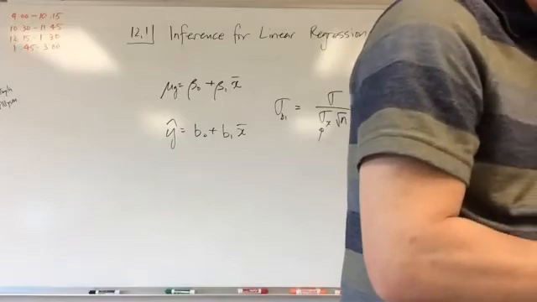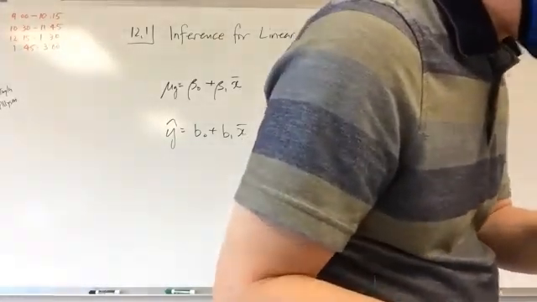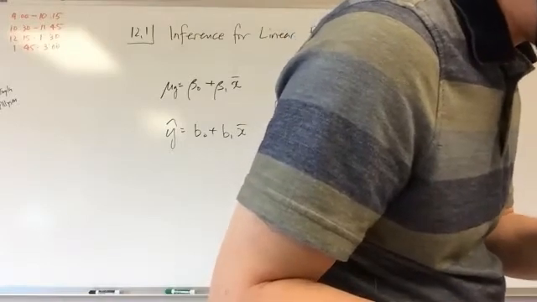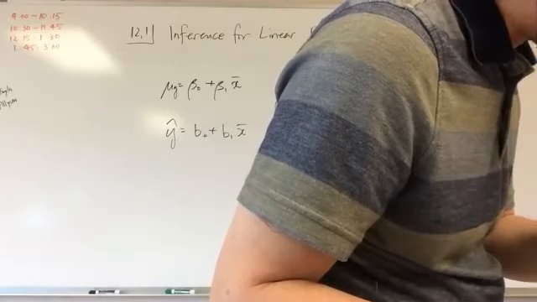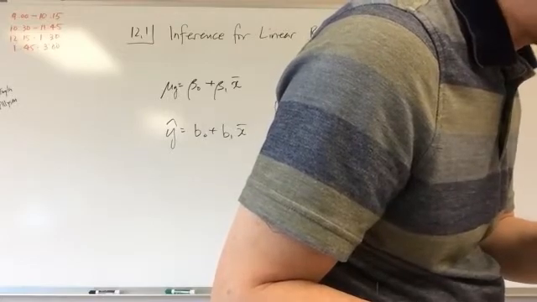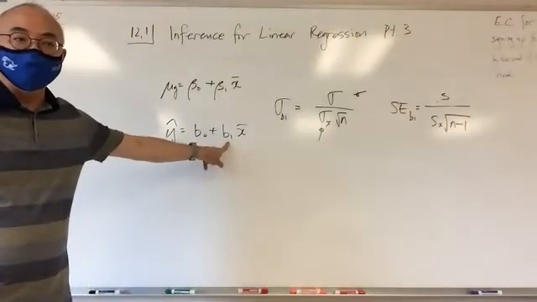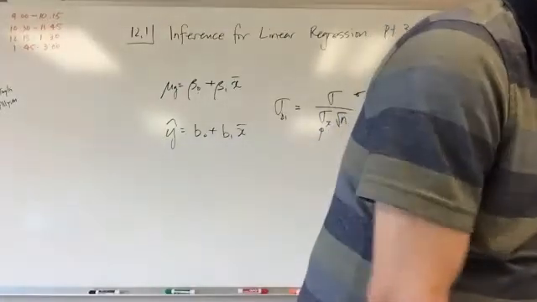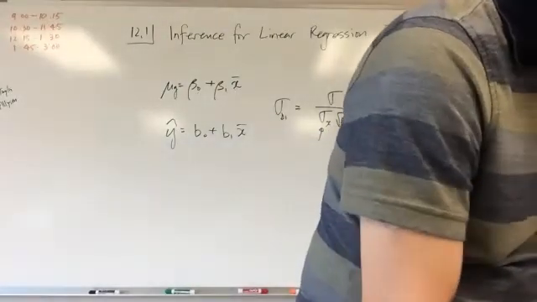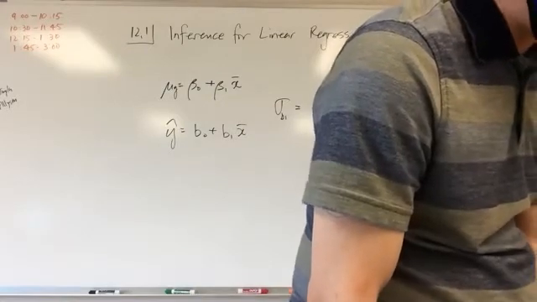Okay, so that's that. B, what is the estimate for beta 1? You have 0.00572444. That would be this guy right here, b1. C, what is the estimate for sigma? That would be your standard error coefficient there.